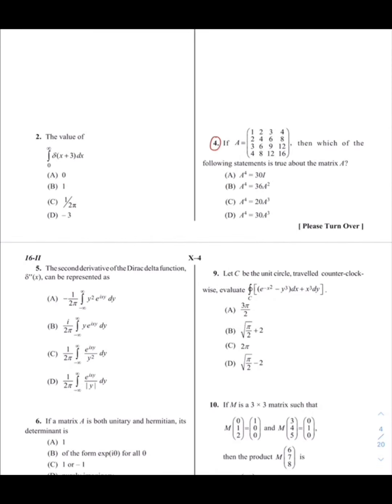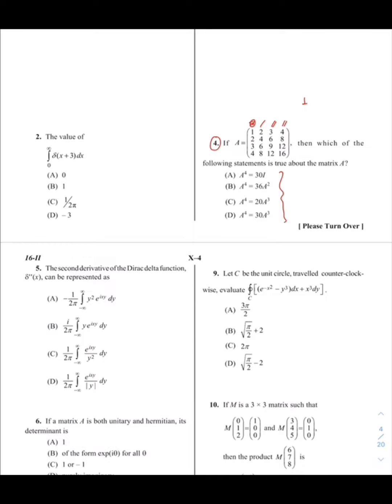In this problem, we are given a 4 cross 4 matrix and we have to find the true statement out of these 4. So we observe that the columns are not all linearly independent. In other words, the second column is obtained by multiplying 2 to the first one, and the third column is obtained by multiplying 3 to the first one, and the fourth is obtained by multiplying 4 to the first one. Hence the rank of this matrix is 1. So there is only one non-zero eigenvalue.